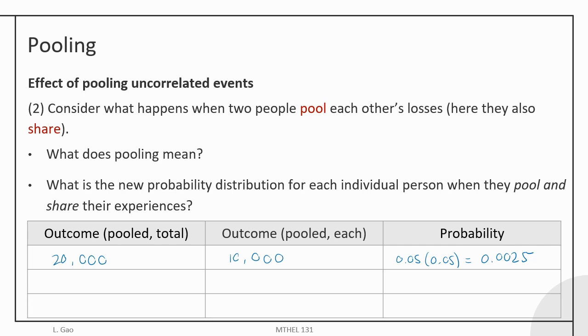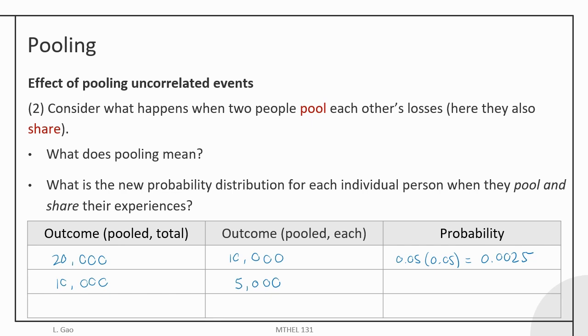We can also have just one of them experience a loss. If that were to happen, then the total losses for both of them put together is 10,000 because only one of them experienced a loss. For each individual person, they are splitting this loss, so with the sharing, they would be paying $5,000. What's the probability of that occurring?